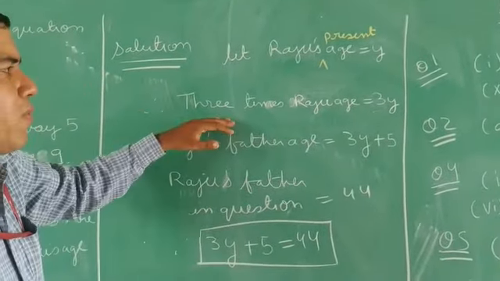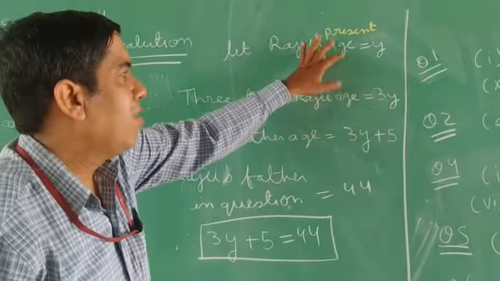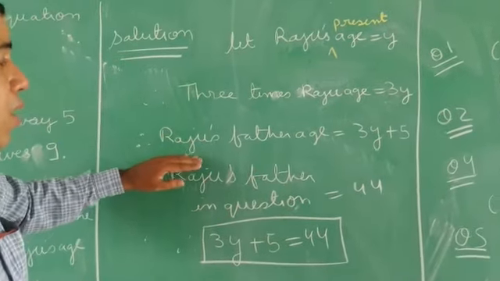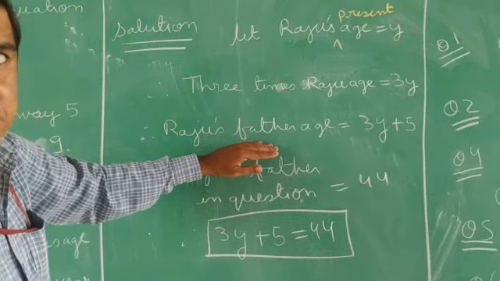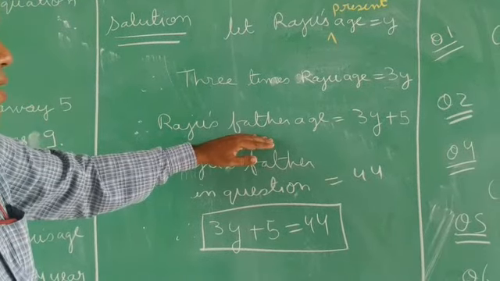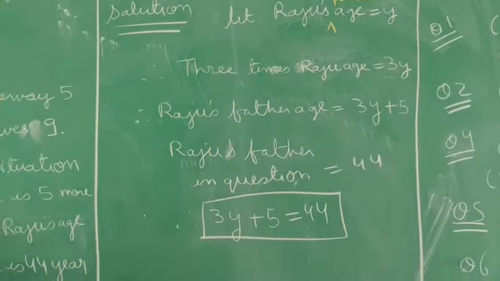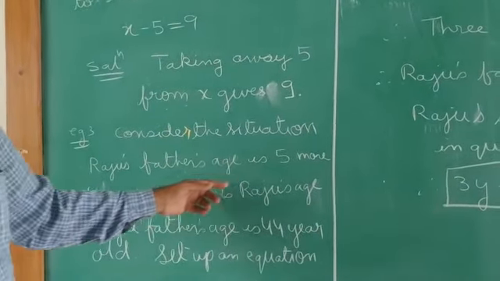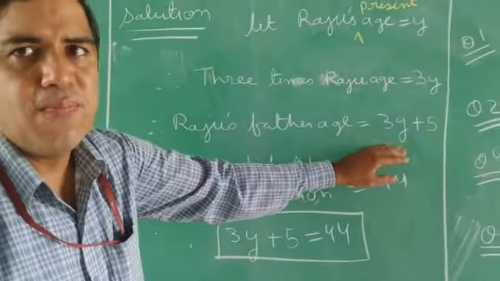So 3 times Raju's age will be how much? 3 multiplied by y, 3y. Now Raju's father's age, according to the question: Raju's father's age is 5 more than 3 times Raju's age. So it comes to 3y plus 5.